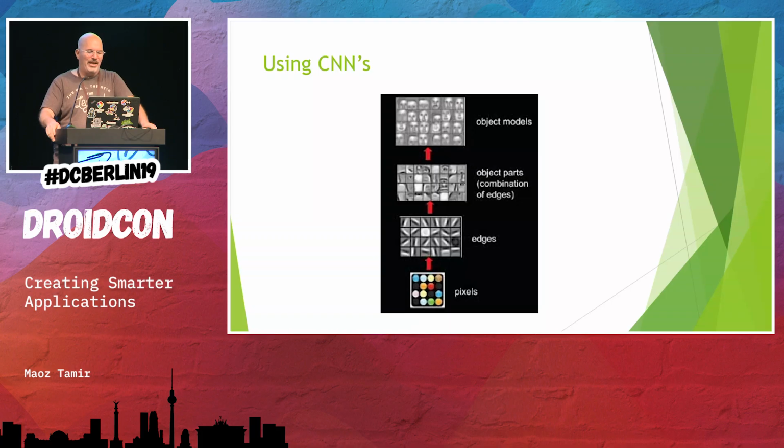But basically, we are feeding a set of pixels into the network. At first it starts to define very simple shapes like edges, and then it starts to find more complicated shapes, and then you get the actual objects. And then you can define which object it is, okay? Is it a cat, is it a dog, is it a Dalek?